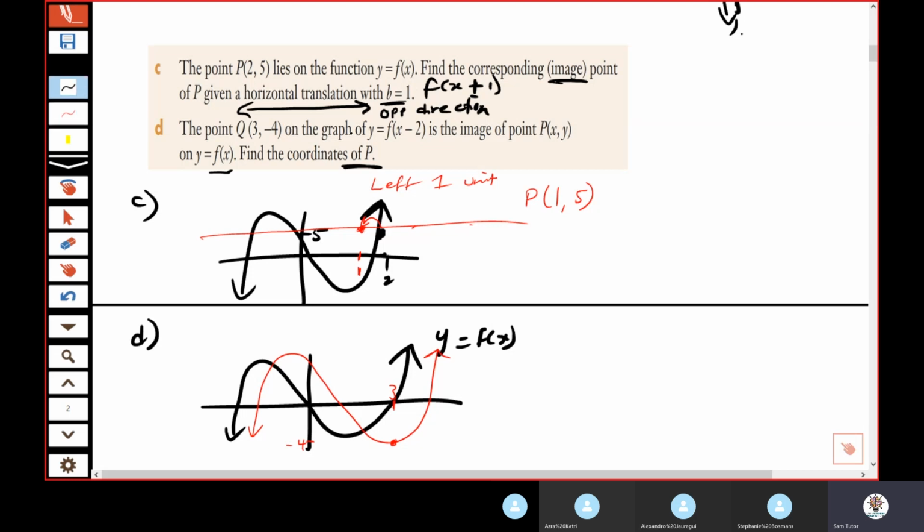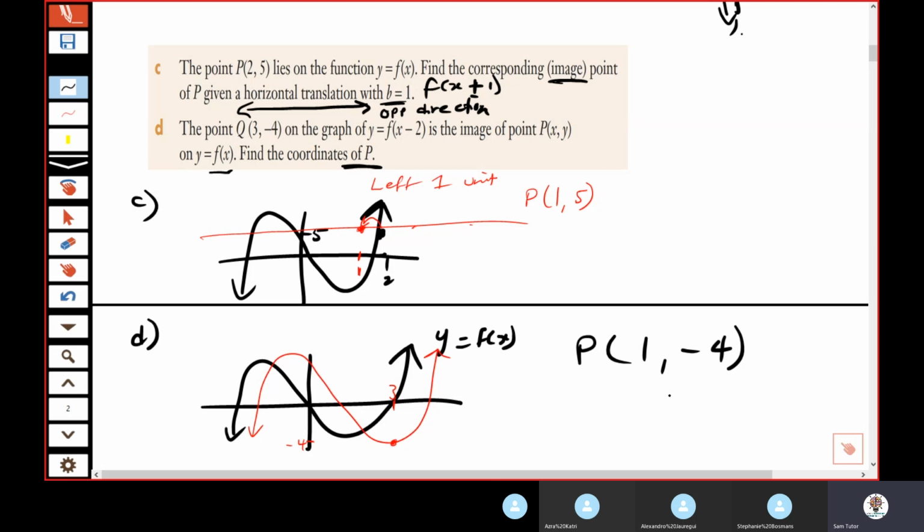What are you actually meant to do in this case? You're going to go to the left now that you realize. You're obviously going to -2. So P would have the same y coordinate but your x-value, sorry, is 1.